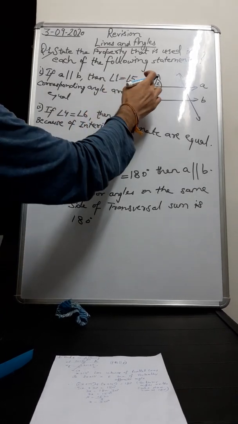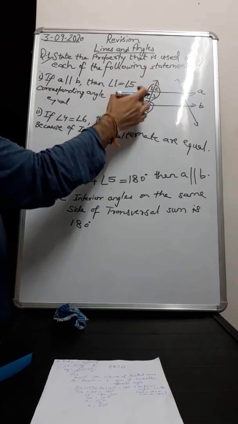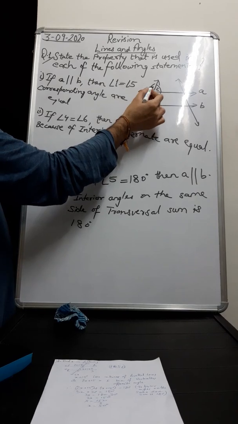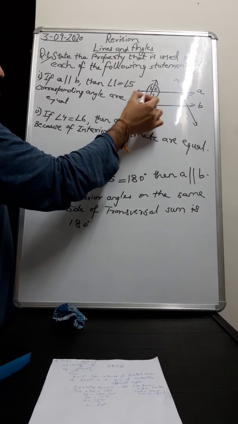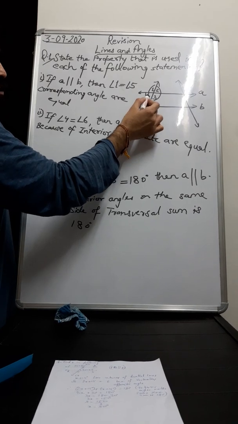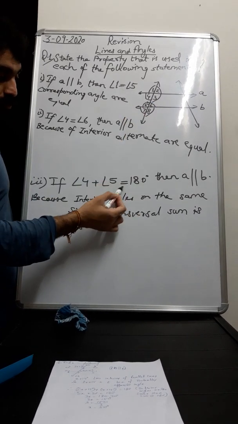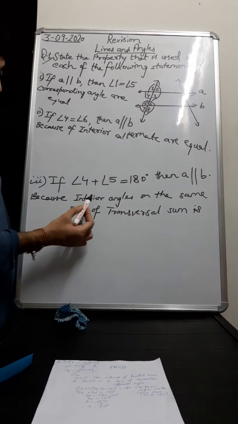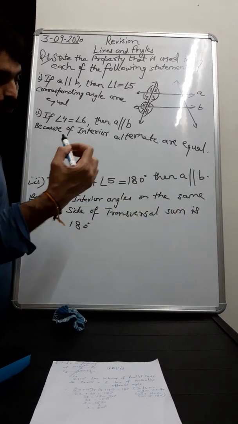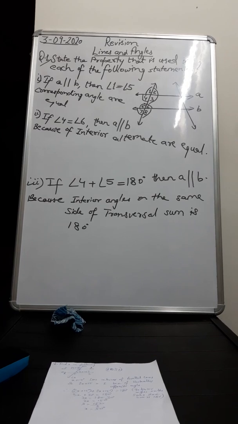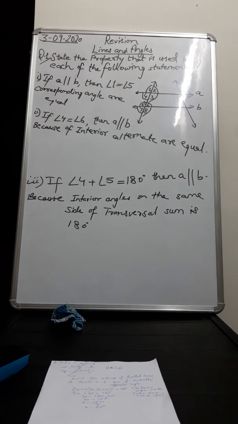So the angles which are lying interior on the same side of a transversal, see here, this is a transversal, and angle 4 and angle 5 both are lying interior of these lines, and their sum will always be equal to 180. So interior angles on the same side of a transversal sum to 180 degrees. That is the reason. This is your question number 1.